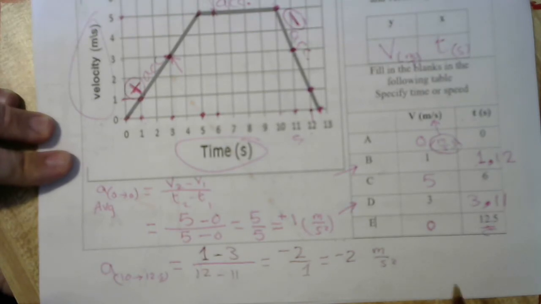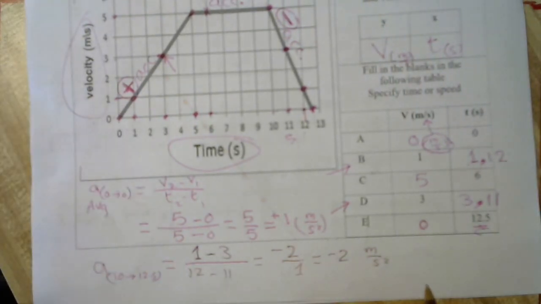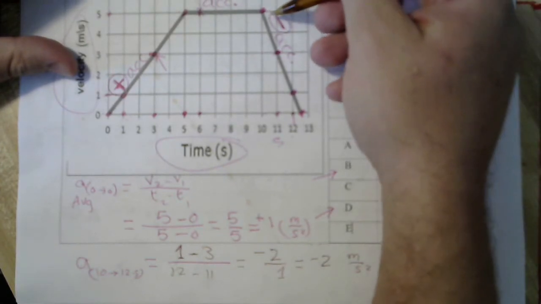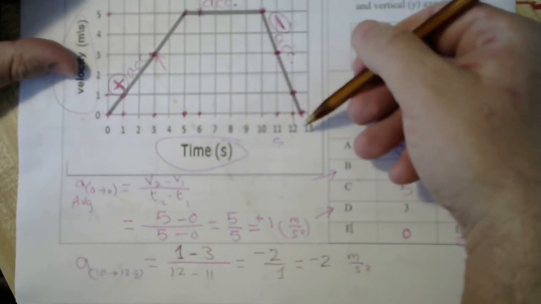This means that the body is decelerating. Okay, the acceleration has a negative sign. That means the velocity of the body is reduced.